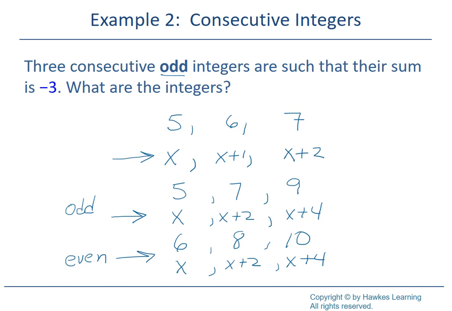Notice that this line, I'll change colors here. I got the wrong line there. I want to get the right line. There we go. And this line are exactly the same. Well, how could these be odd and these be even if they're the same? Well, the key is, how do you define your first integer? If your first integer is odd, then by adding 2, you get the next odd.